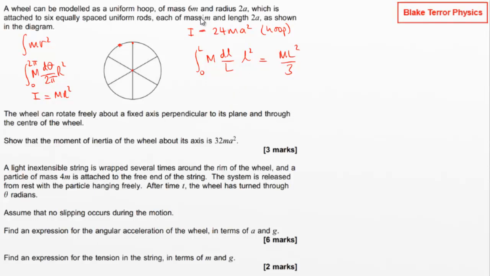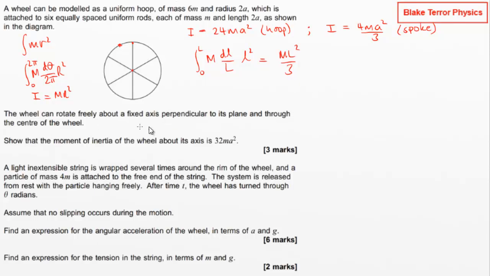When we put in the mass of m, that just becomes a lowercase m. So I for the rod is going to be a lowercase m, then we've got 2a for the length, so that will be 4a squared over 3. 4ma squared over 3. So that's how you can work these things out quite quickly, but quite often you'll just look these things up.